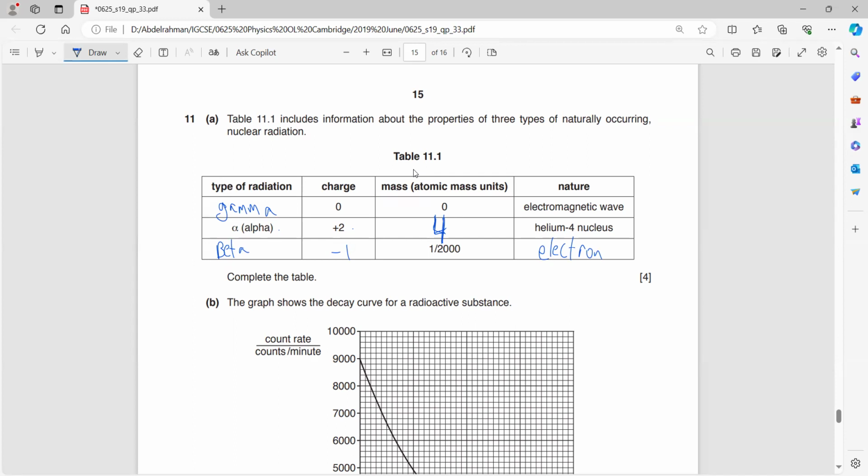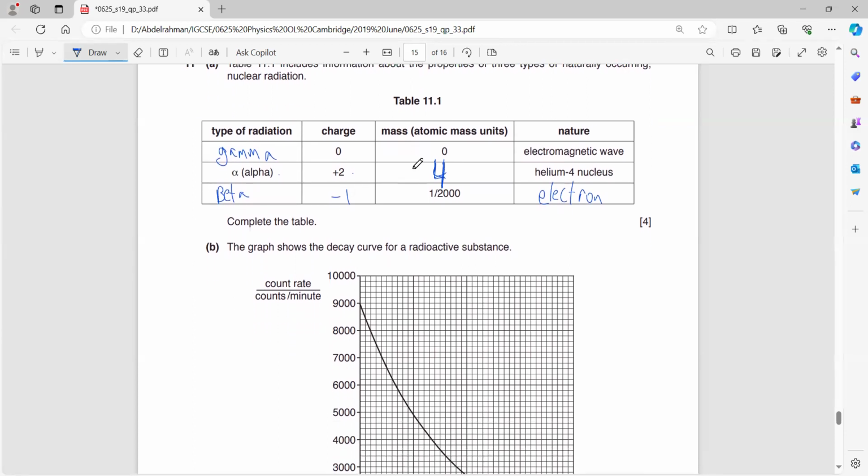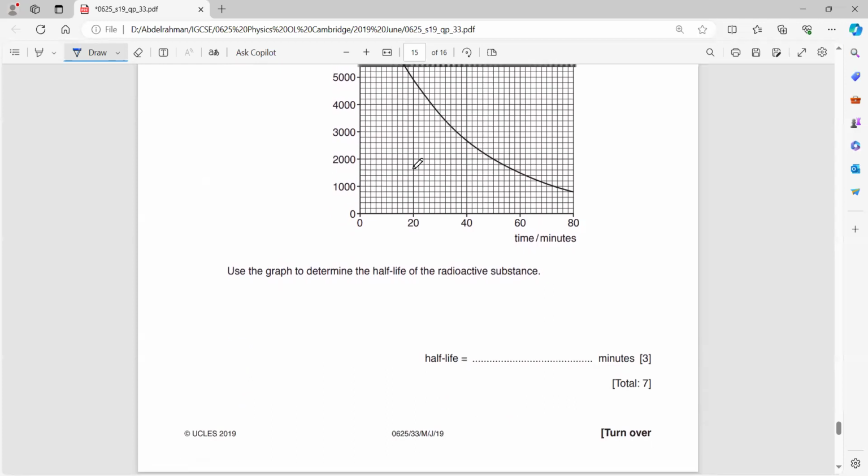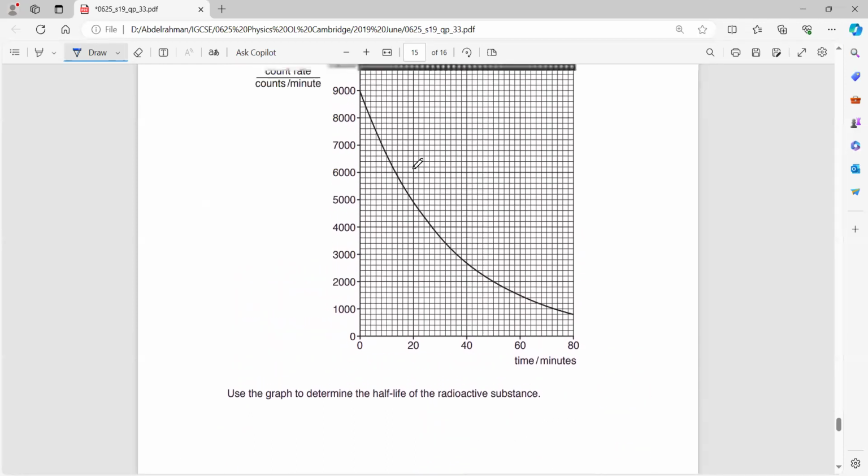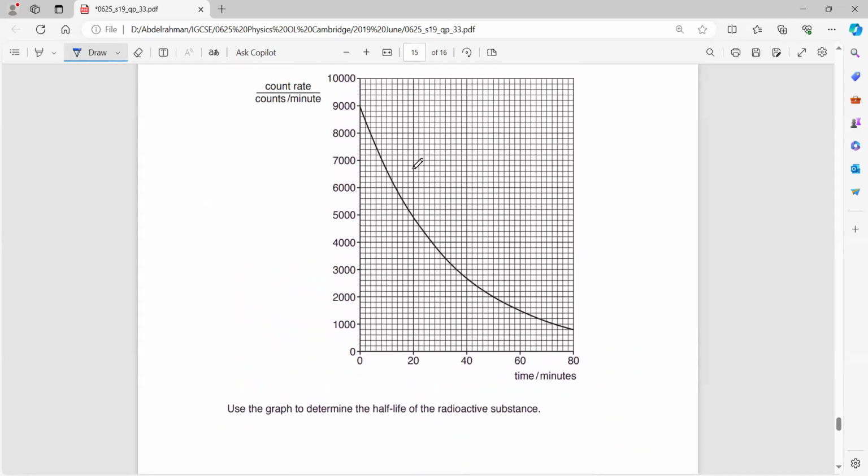The graph shows the decay curve for a radioactive substance. Can I find the half-life of this substance? What is the half-life of this substance, guys? Can someone help me? How should I find it?